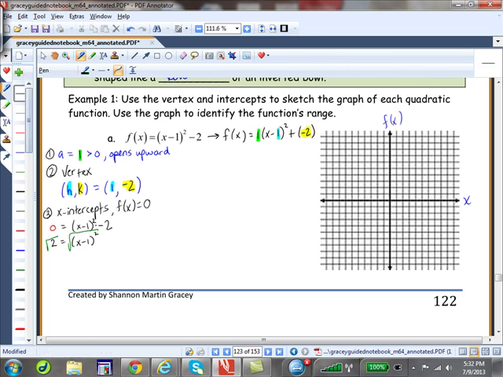So here, remember, I'll end up getting x minus 1 is equal to -√2, or x minus 1 is equal to +√2. So x is equal to 1 minus √2, or x is equal to 1 plus √2.